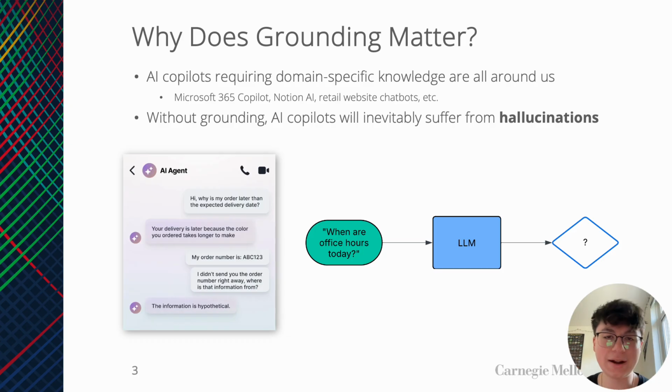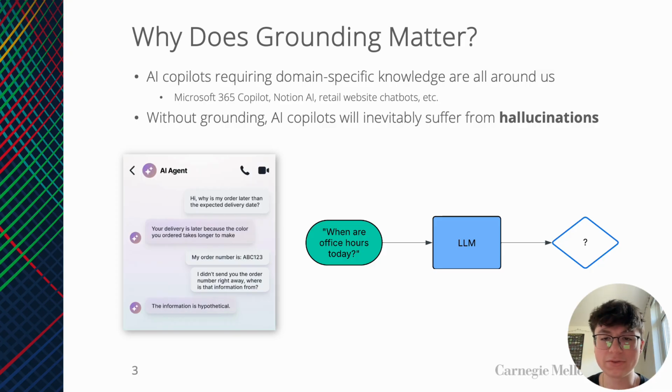So why exactly does grounding matter? There exist many AI copilots around us requiring domain-specific knowledge. For example, Microsoft 365 Copilot may require business-specific knowledge. Notion AI may require specific knowledge about your notes. And without this process of grounding, these AI copilots will inevitably suffer from hallucinations and overall will not output the desired answer.